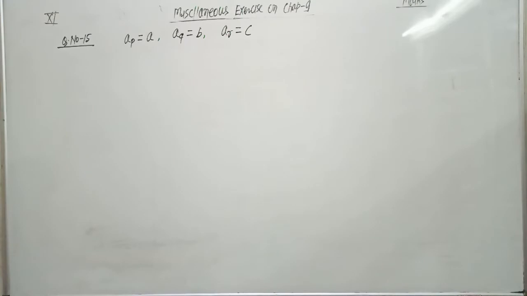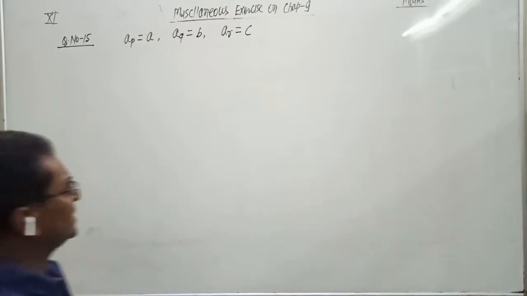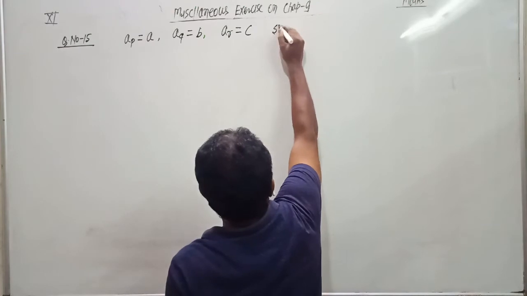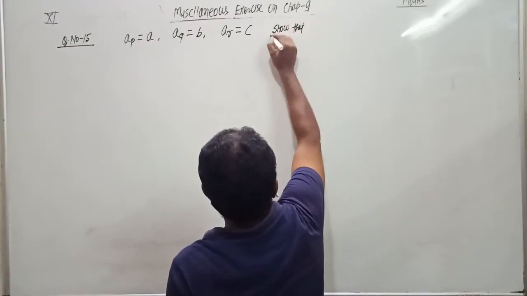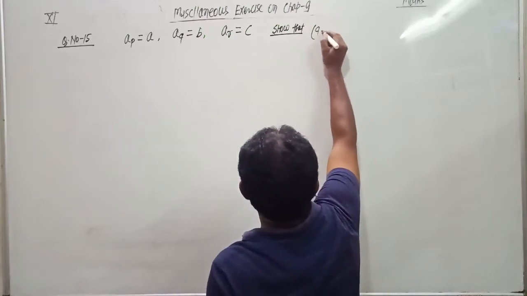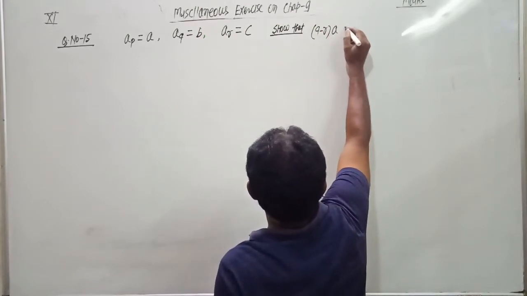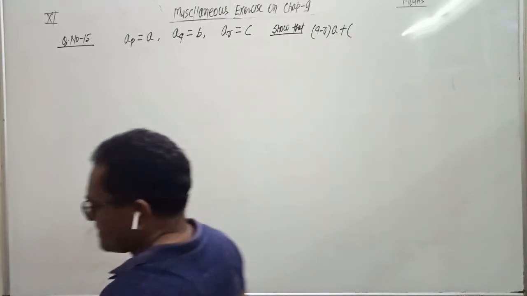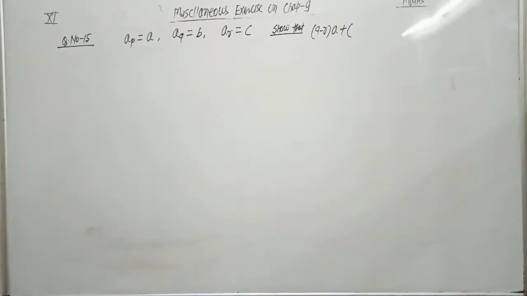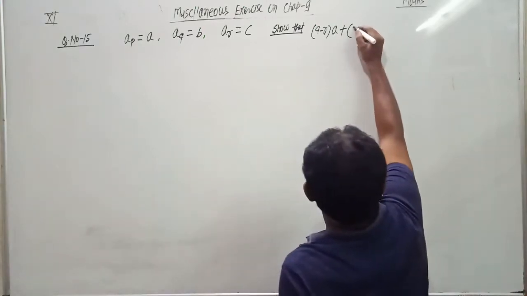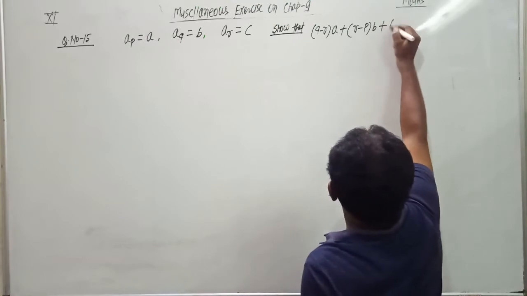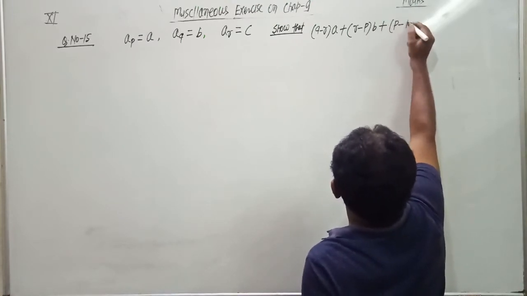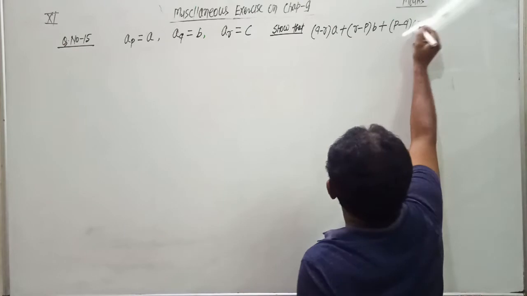Then show that (q minus r) into a plus (r minus p) into b plus (p minus q) into c equals 0.